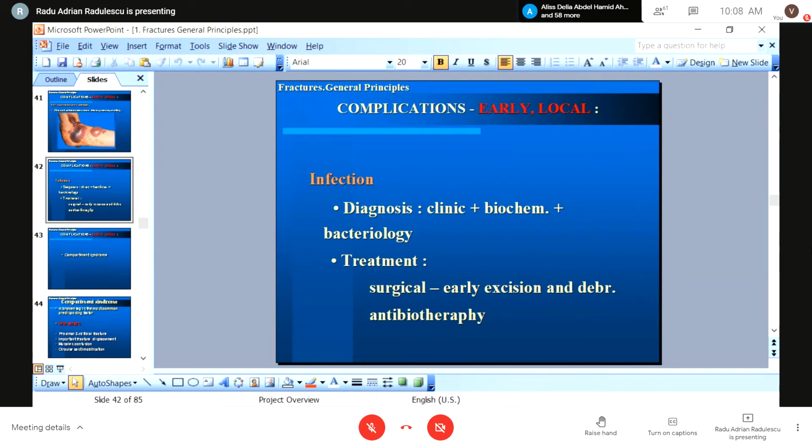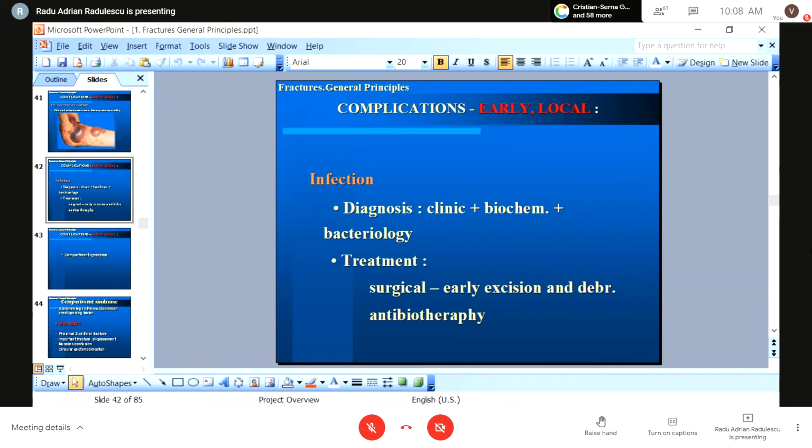After determining the germ, we must test it against different types of antibiotics in order to know which of them is chosen for the treatment of the infection, because we need to administer to the patient a targeted antibiotic therapy in order to destroy the germ.